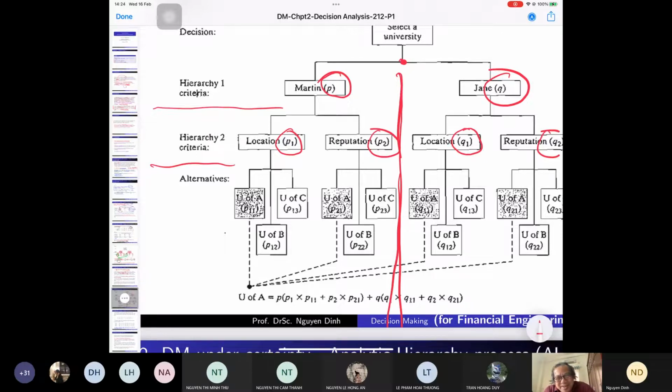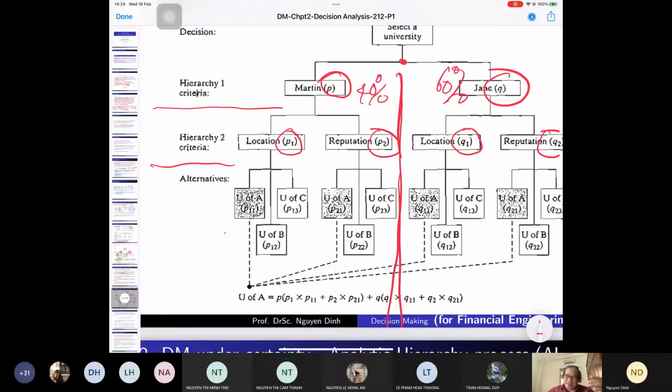Because Martin is a boy, and Jane is a girl, things may be more difficult for her. So the idea of Jane 60%, the idea of Martin maybe 40%. You understand?